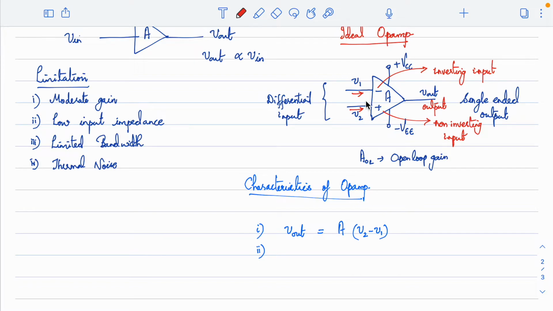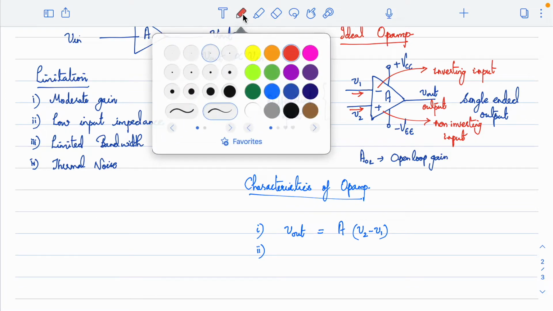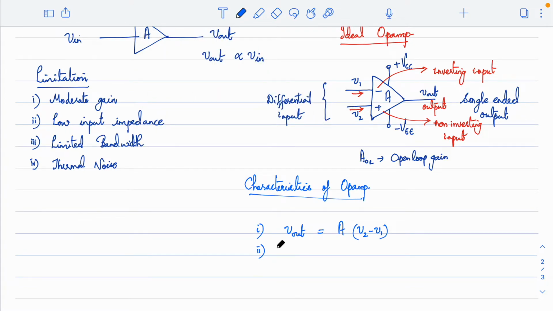Yeah, input resistance, yes, correct, Smriti. Input resistance is infinite. So when I say the op amp is not supposed to draw any current, it means that the input impedance is infinity. So let me write that. Op amp is not supposed to draw any current at the input side, or I can say the input impedance of the op amp should be infinity.